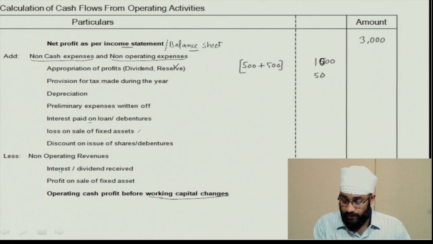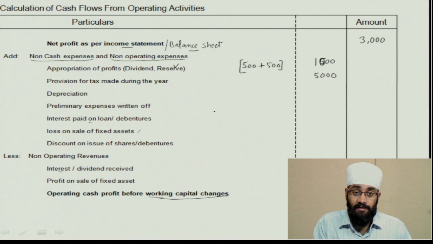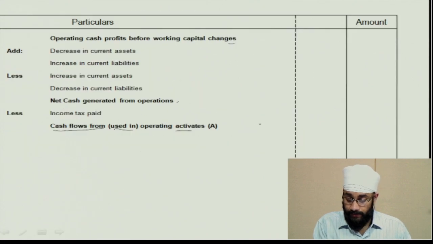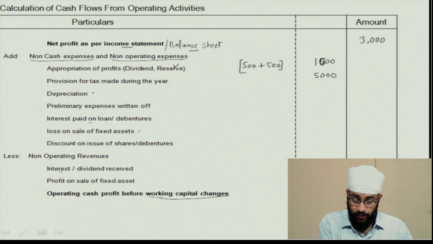This is 5,000. Depreciation. We do not have a figure for depreciation, but we have been given the non-cash expenses, which is 8,000. So let's assume that all the non-cash expenses mean depreciation, so 8,000.